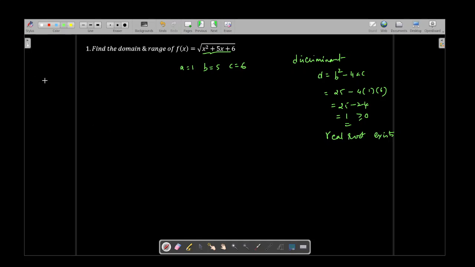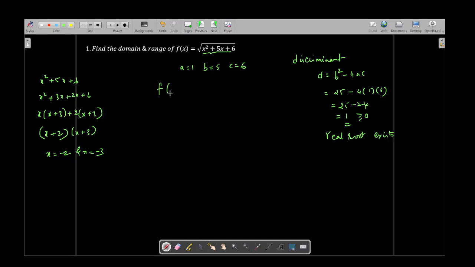If you find the roots, you get x square plus 5x plus 6, x square plus 3x plus 2x plus 6. Take x common, x plus 3, plus 2 common, x plus 3. So this is x plus 2 times x plus 3. So x is equal to minus 2 and x is equal to minus 3 are the roots.